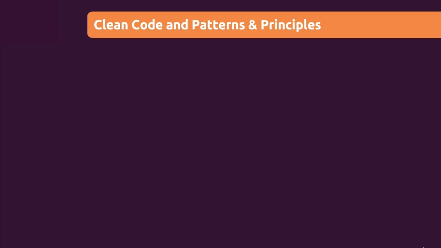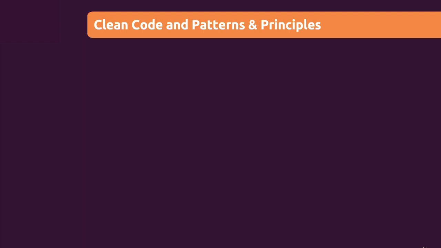So we know that what you learn in this course will apply no matter which kind of code you write. But of course, you might know that there are a lot of patterns and principles out there. Some specific for a specific programming language, some specific for a specific framework, and some specific to a specific programming paradigm.